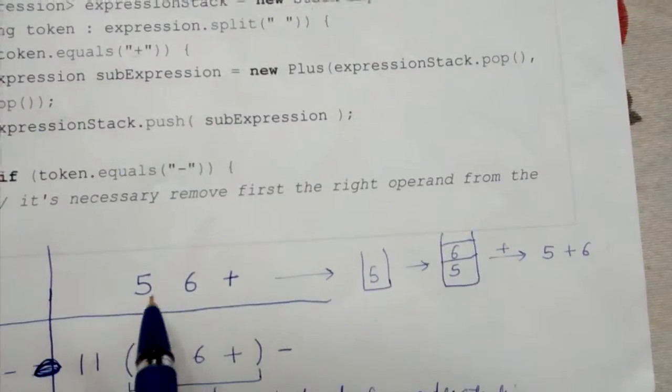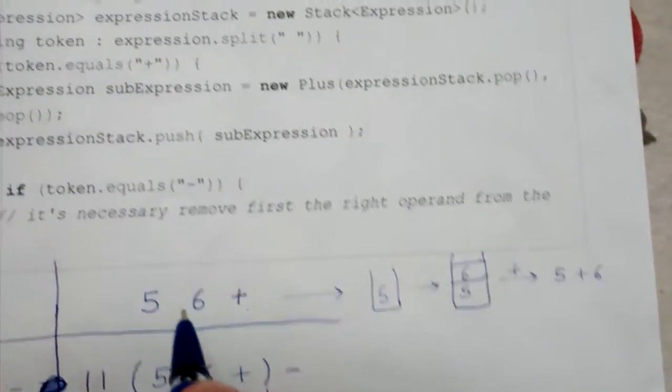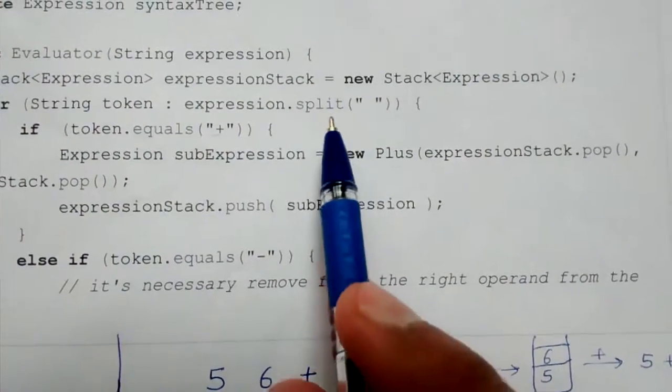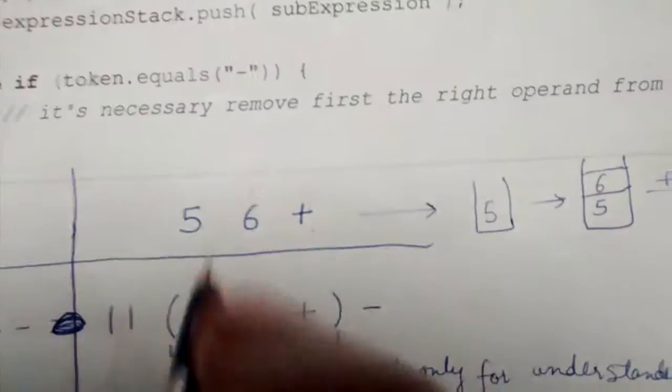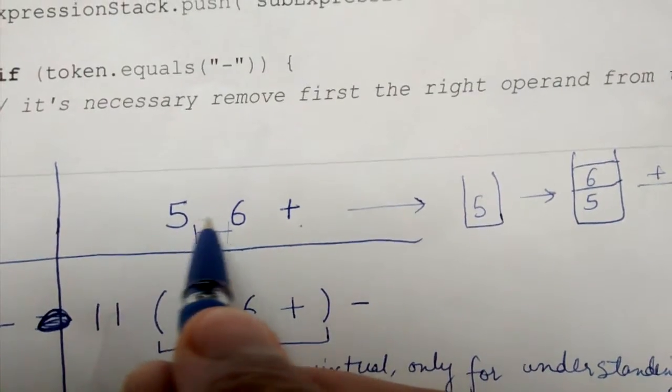Let's say there is a string 5, 6 plus. So first step is to tokenize, that is splitting. This split method in Java will split this string 5, 6 plus on the basis of delimiter space.